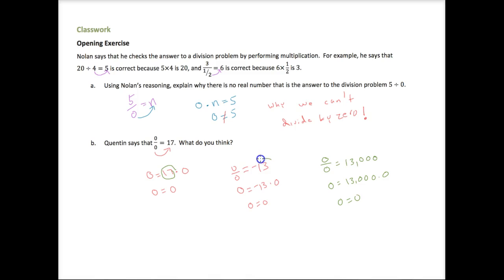We can't have 17, negative 13, and 13,000 all being the same answer. I imagine you could see that we could put every single number we could think of in here and get the same thing. So his opinion is not too useful. Oh well, good try.